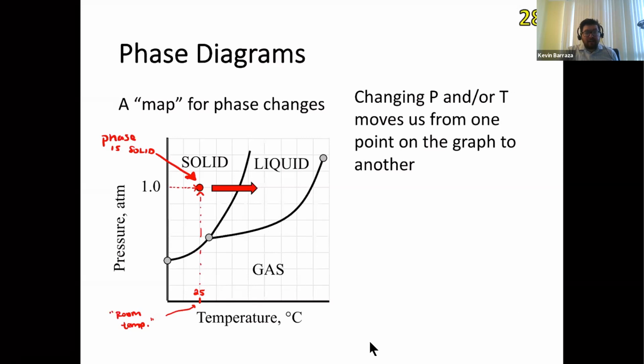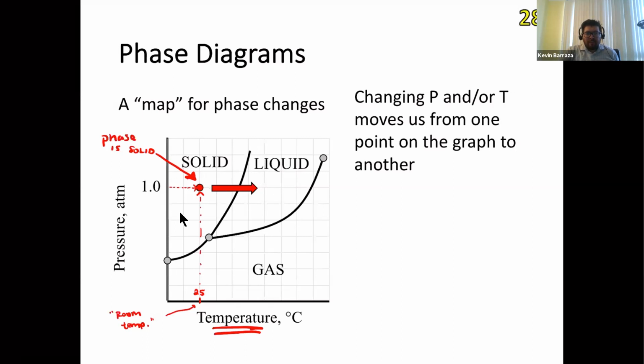So imagine that I cranked up my temperature. Since temperature is on the x-axis, we're going to be moving more towards the right, because every time my point moves right, I'm going higher on the temperature axis. So what's going to happen if I heat my solid? According to my phase diagram, it might be something that you expect based off of everyday observation. We're going to end up at a point where we cross over the boundary between solid and liquid.